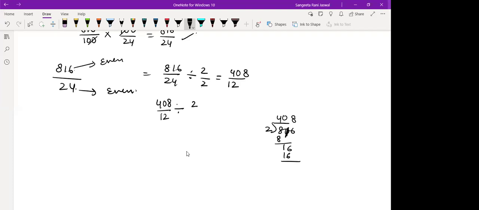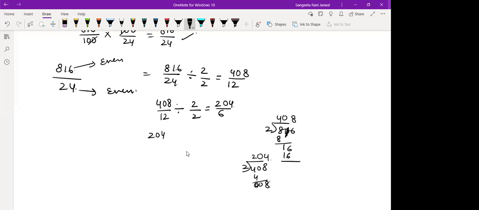Let's take 2 again. I'm bringing it to the lowest form. 2 6s will be 12 and 2 2s is 4, 0, 2 4s are 8. You can divide it like this also. 408 divided by 2. 2 2s is 4, then you have 0, 0 here, then 8 is 4, like this.